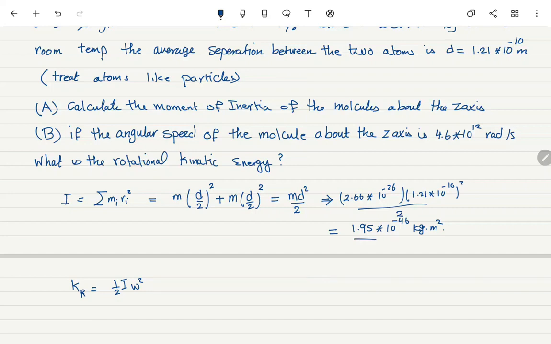We just calculated I, so the rotational kinetic energy is equal to half times 1.95 times 10 to the power minus 46 multiplied by 4.6 times 10 to the power 12 squared. You do the math, and it is equal to 2.06 times 10 to the power minus 21 joule. And this is the rotational kinetic energy of the molecule about the z-axis.